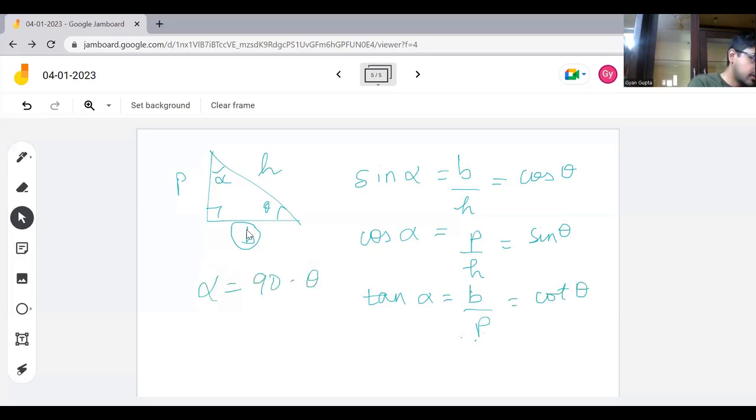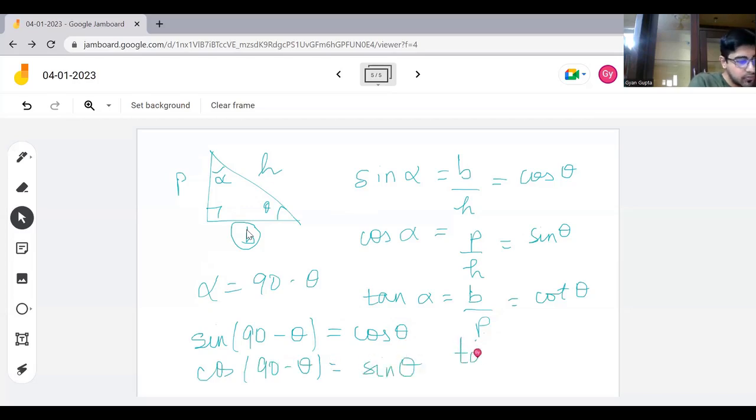So we end up with sine of 90 minus theta is cos theta. Cos of 90 minus theta is sine theta. And tan of 90 minus theta is cot theta. Same way, cot of 90 minus theta is tan theta.